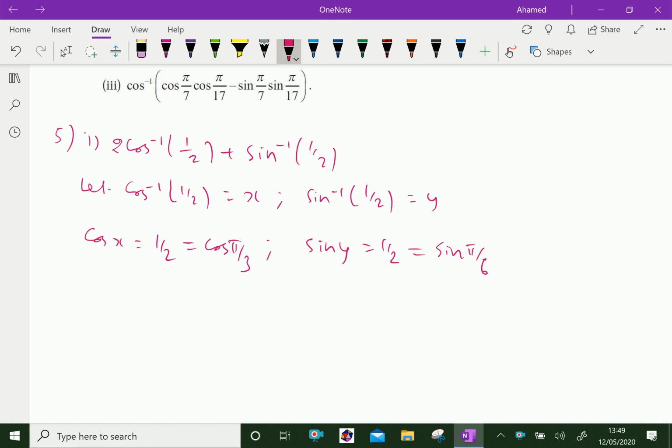Here, pi by 3 is an element of the domain, 0 to pi for cos.